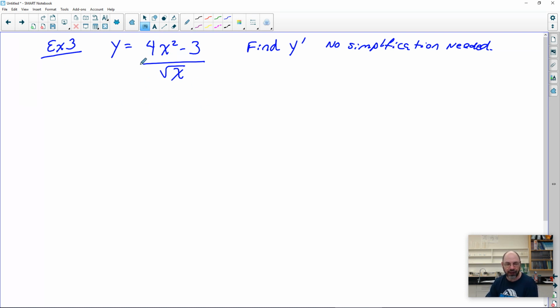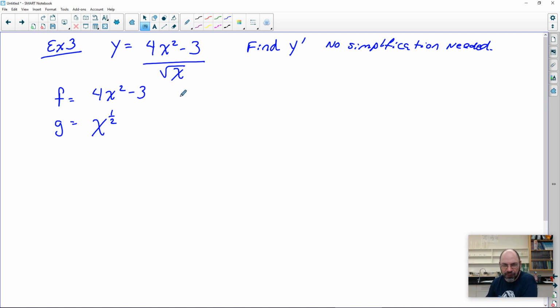Well, let's go ahead and do our f and g definitions. f is the top, 4x squared minus 3, and g is the bottom, which we'll write as an exponent, x to the 1/2, which is the same thing as the square root of x.